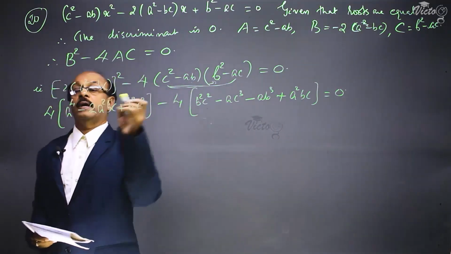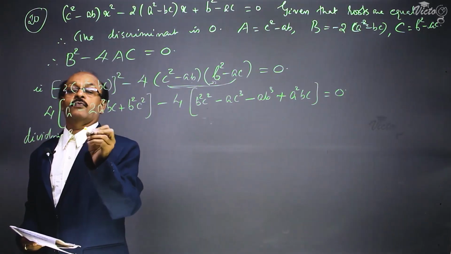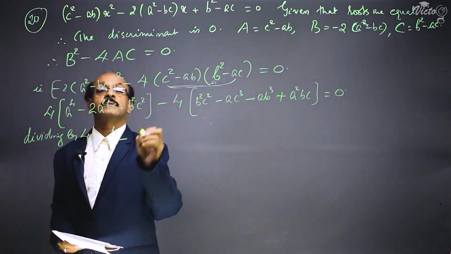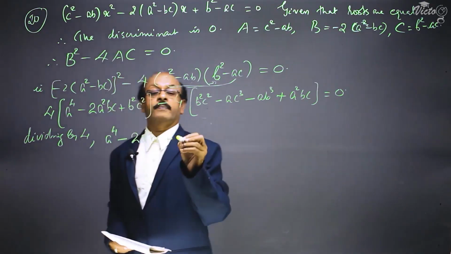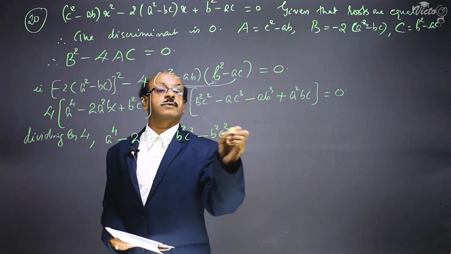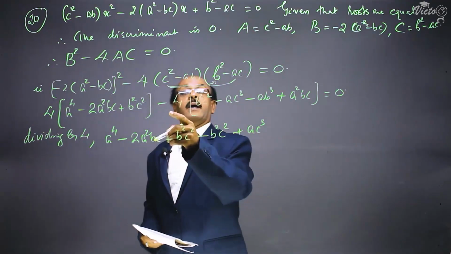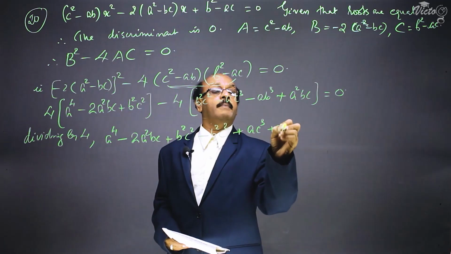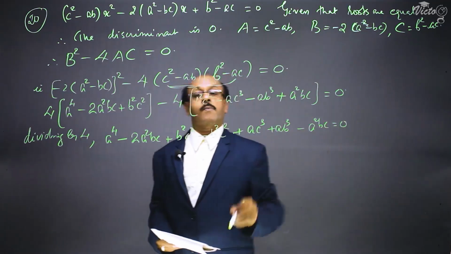Now we can divide it through by 4. Dividing by 4 we get a raised to 4 minus 2a square bc plus b square c square minus b square c square, then minus into minus plus ac cube, again minus into minus plus ab cube, then minus a square bc is equal to 0.